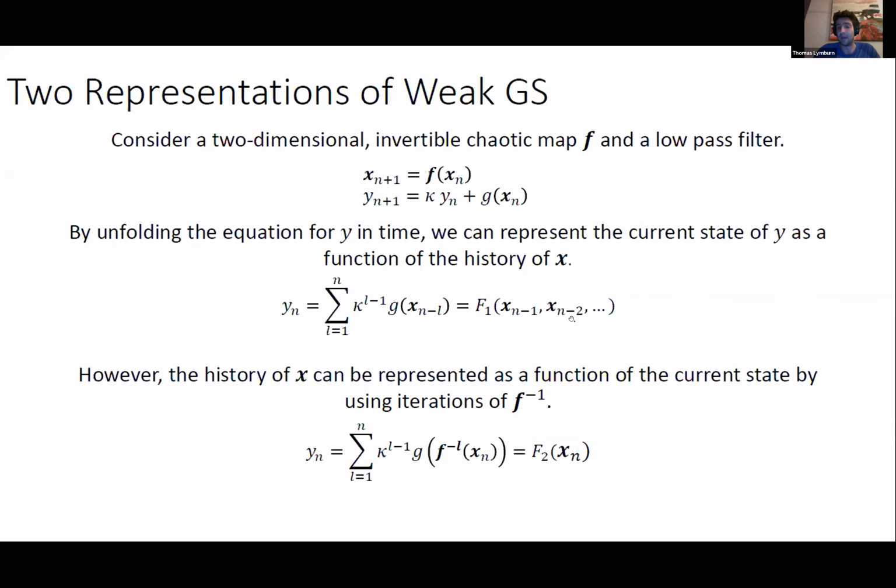But we need to have access to the memory. We need to know what all of the history of the chaotic map is in order to use this function. But on the other hand, in this second version of the function, which we'll call the instantaneous case, you don't need to know the history of your chaotic map. But the function itself is much more complicated because it has all these iterates of the inverse function here.